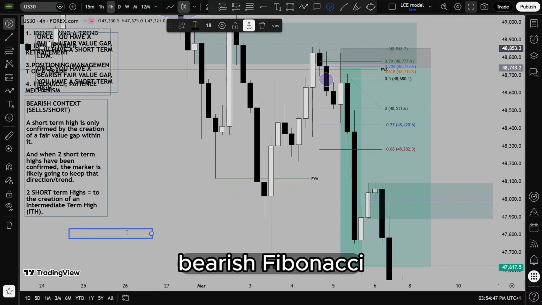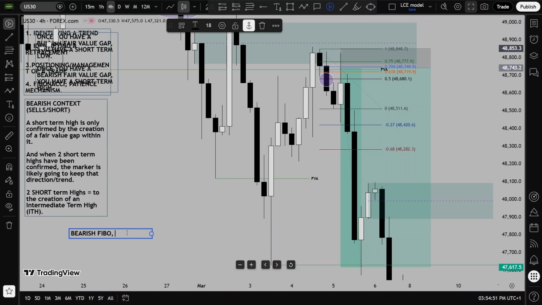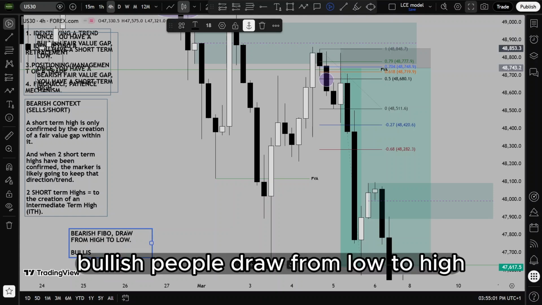Bearish Fibo, you draw from high to low. Bullish Fibo, draw from low to high.